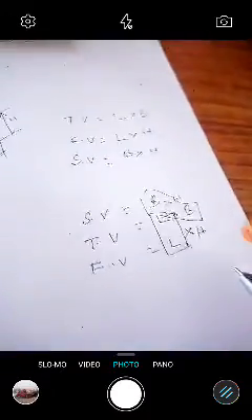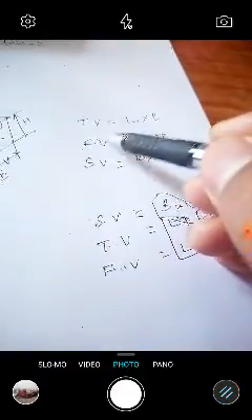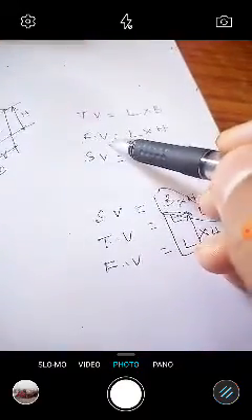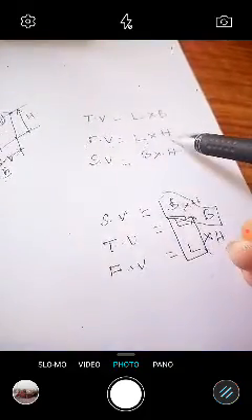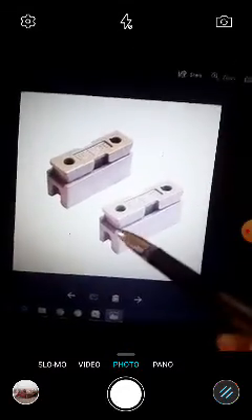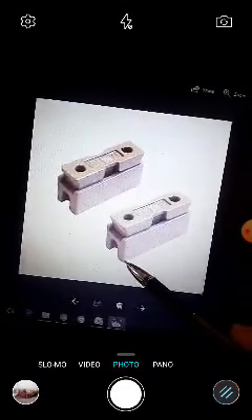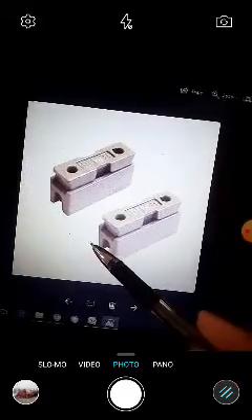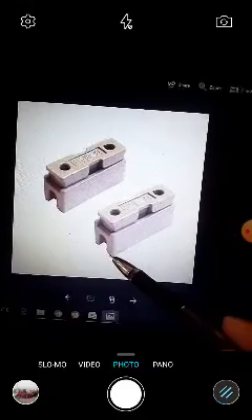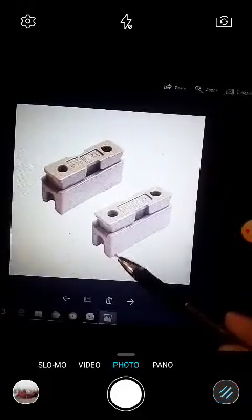The same thing is written over here. Top view is equal to length into breadth, front view is equal to length into height, side view is breadth into height. Now if you see the box over here, this is the length, the particular body has a certain breadth, and this has height.